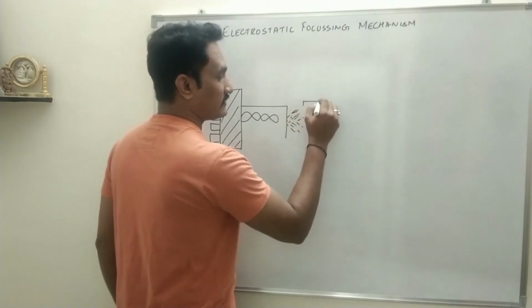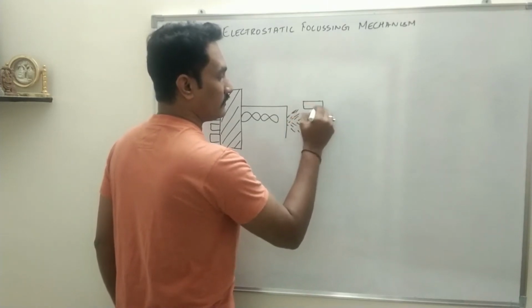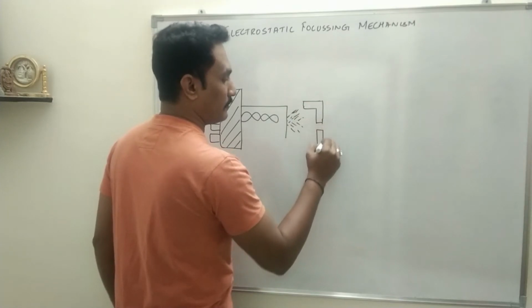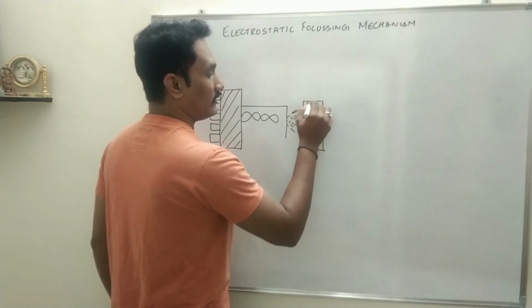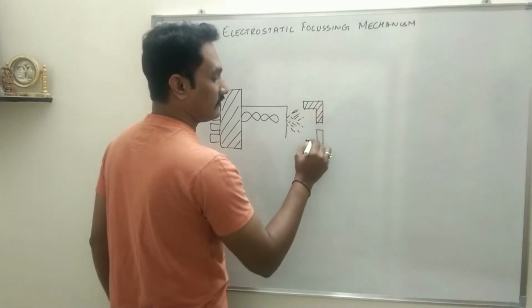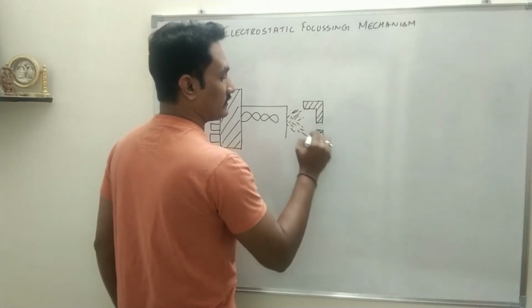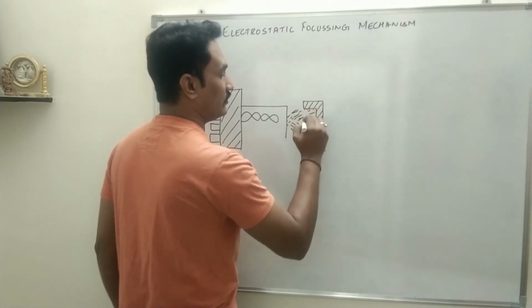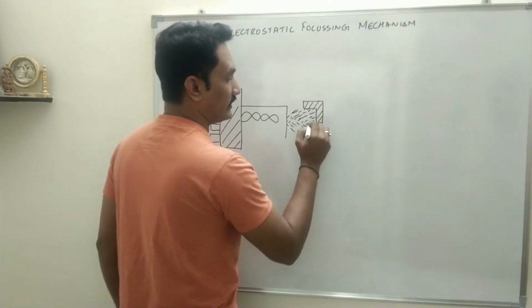These electrons then pass through a nickel cylinder with a tiny hole at the center. We call this the control grid.